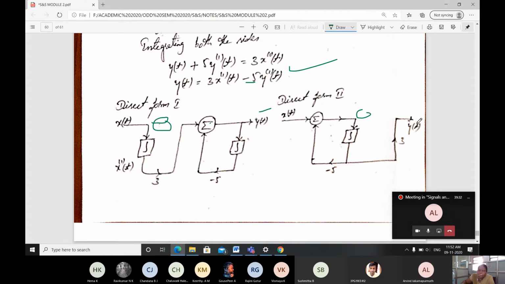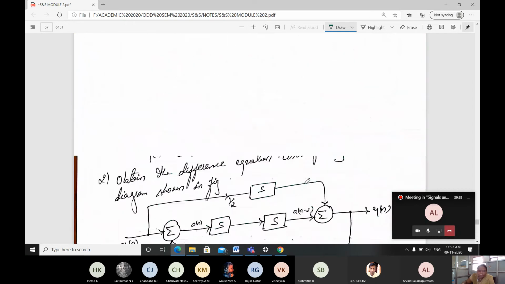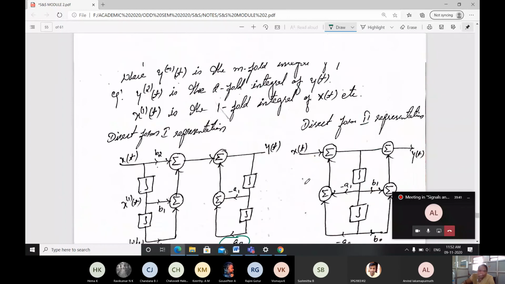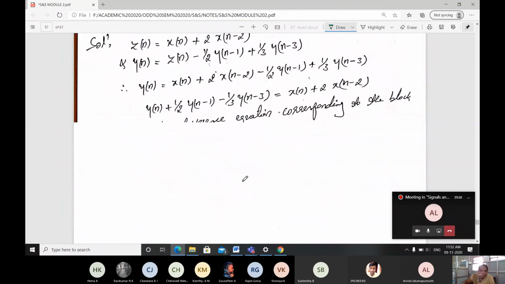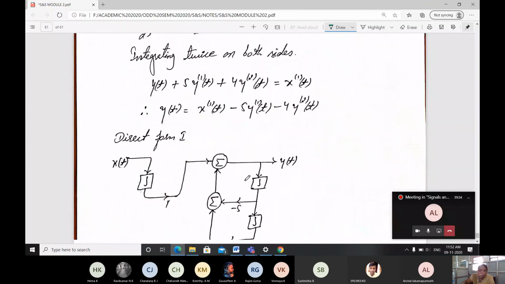Give that to the output, you will be getting y of t. If you remember the standard form, then it will be easy for you. This is the standard form. Okay, b1, b2, b1, b naught, a1, a naught. Okay, then in the same way we will go for one more problem.